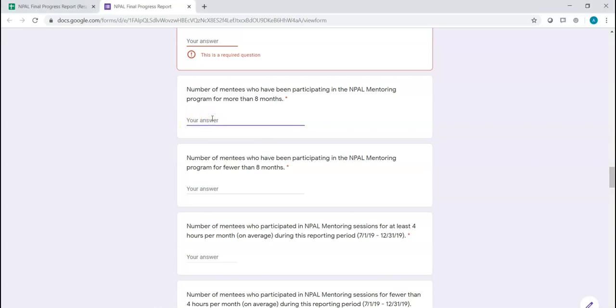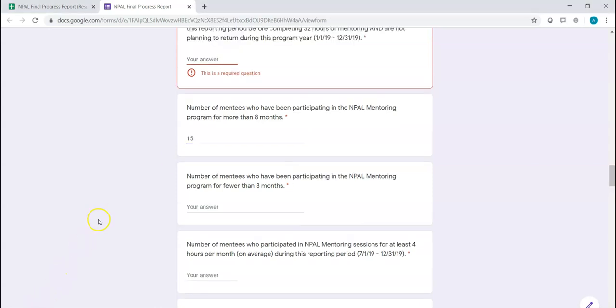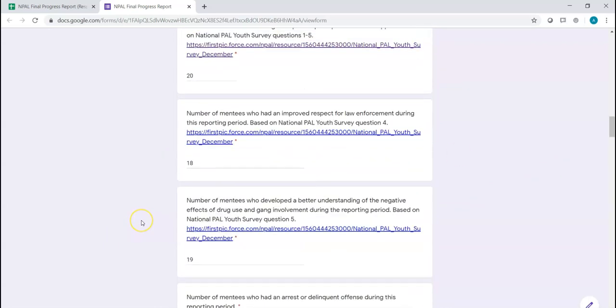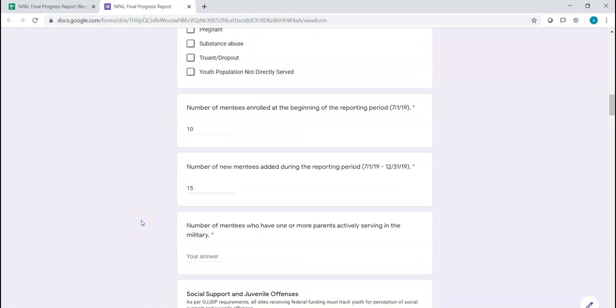So just as an example, I am going to put 15 here. I'm just going to pause for a second here and recall some of my former responses. If you remember up towards the top, when I answered the number of mentees enrolled at the beginning of the reporting period, I put 10 only and 15 added since July 1st.